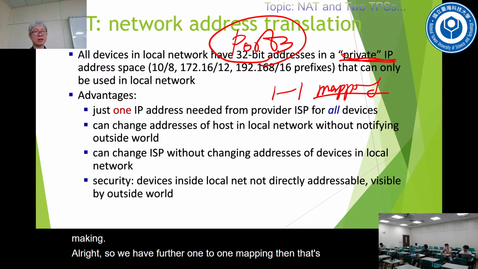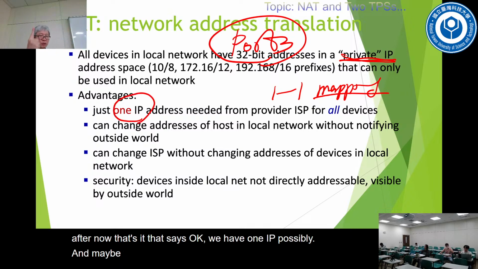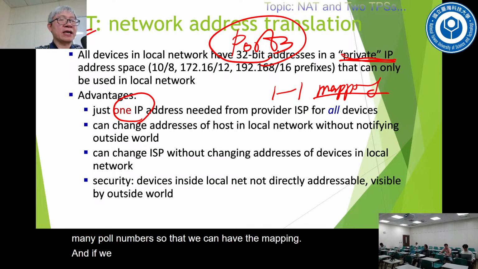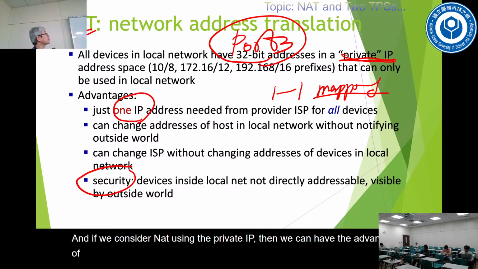All right, so if we have the one-to-one mapping, that's fine. Up to now, we focus on one IP and many port numbers so that we can have the mapping. And if we consider NAT using the private IP, then we have the advantage of security. Why?